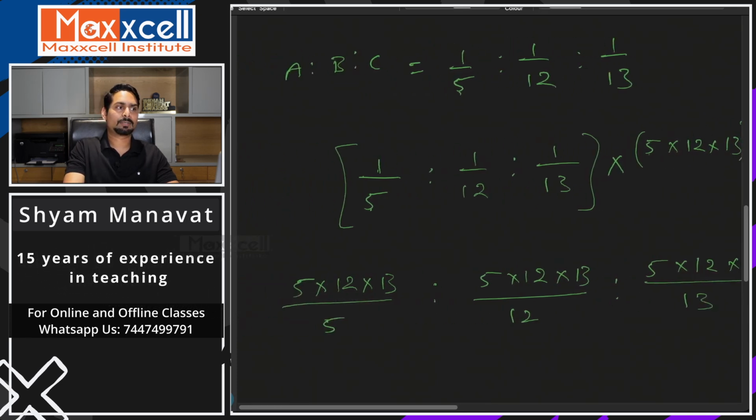What is the objective? Objective is to have a number by which we can cancel the denominator and we get 1 in the denominator. That's the objective. Taking LCM is not the objective. Objective is to multiply with a number so that it can be cancelled with the denominator.